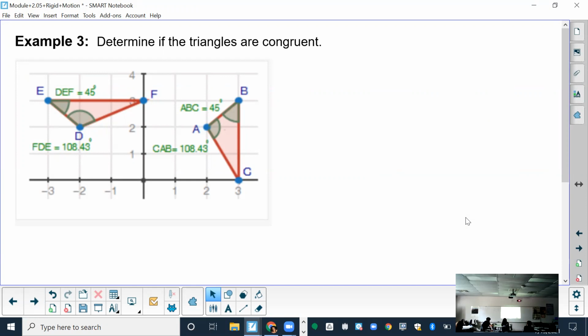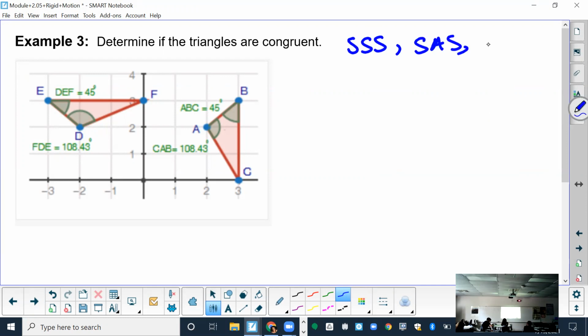So in this case, for example 3, I could use SSS, side, side, side, side, angle, side, or angle, side, angle. But then again, like I said, since we have 2 angles that are pointed out for us, I'm going to use the one that has 2 angles involved because then it'll be a little bit easier on myself.